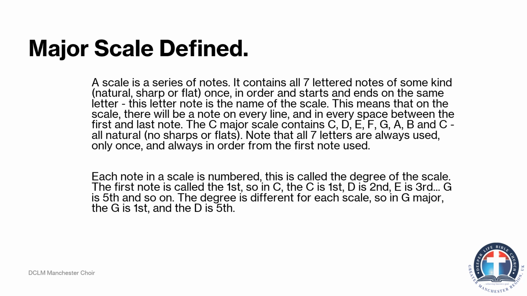Using C as an example: C, D, E, F, G, A, B, and then we end on C. It's also synonymous with when we say Do, Re, Mi, Fa, Sol, La, Ti, then we go back to C, but a higher C now, then we have Do.